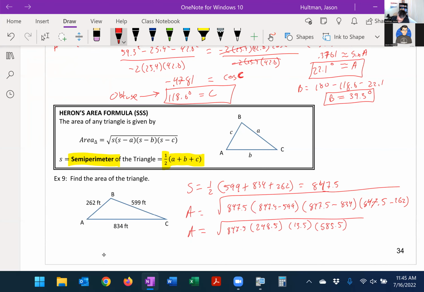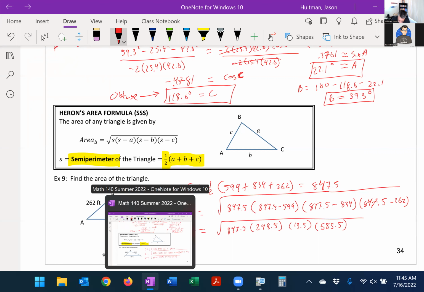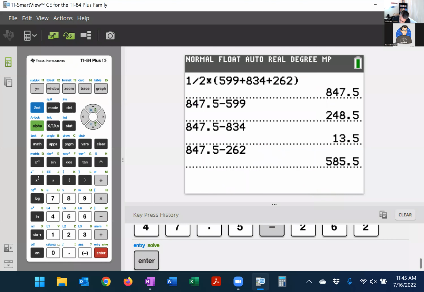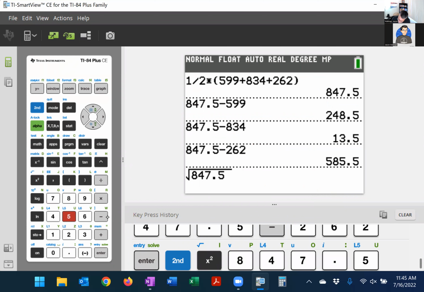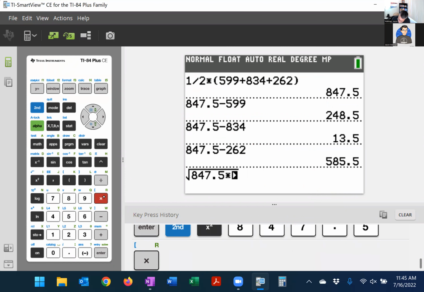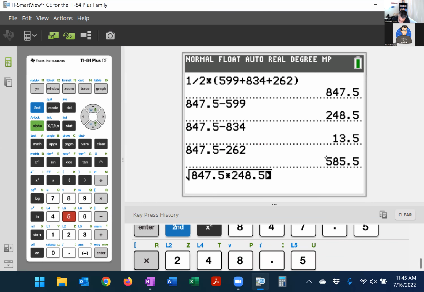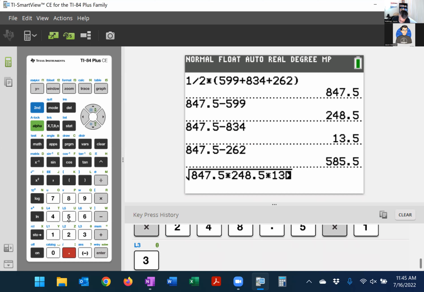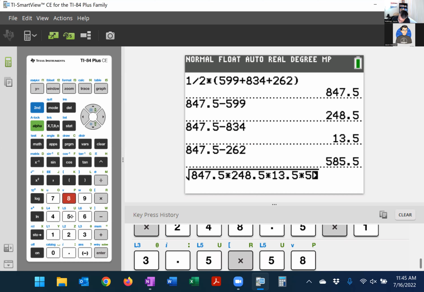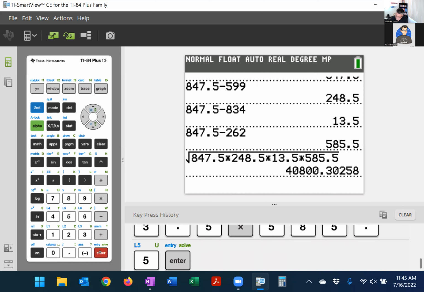So plug that all into the calculator, and I get the square root of 847.5 times 248.5 times 13.5 times 585.5, and I get about 40,800 square feet.